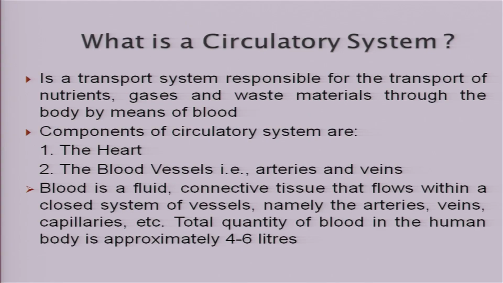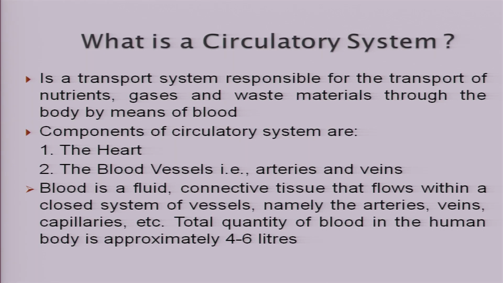Now, there are two major components of our circulatory system: first, the heart, and second, the blood vessels, which are arteries and veins. Blood, as we all know, is a fluid connective tissue which flows within our closed system, which comprises vessels such as arteries and veins. When these arteries and veins become very, very thin, very minuscule, when they have to reach each and every cell in the body, we call them capillaries.